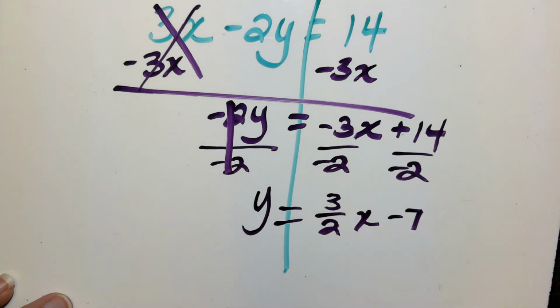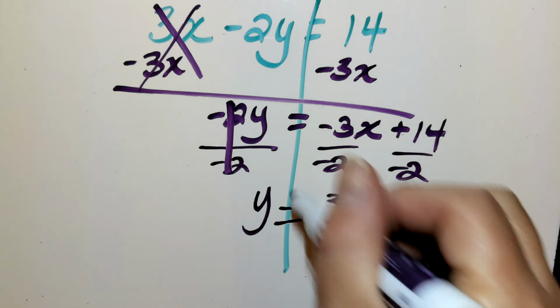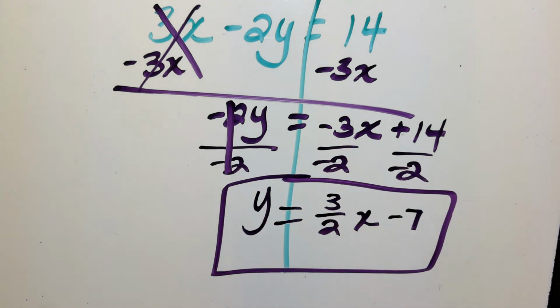I still have a negative 2y. X term comes first because that's the right format. So we're getting there. Y is being multiplied by negative 2. No. Divide by negative 2 on every single term.